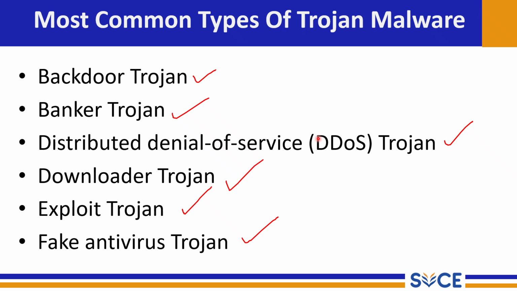This includes sending messages to premium rate phone numbers, which increases the cost on a user's phone bill. Next one, the spy Trojan. Spy Trojans are designed to sit on a user's computer and spy on their activity. This includes logging their keyboard actions, taking screenshots, accessing the applications they use, and tracking login data.